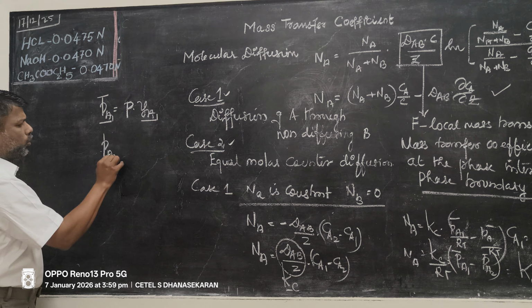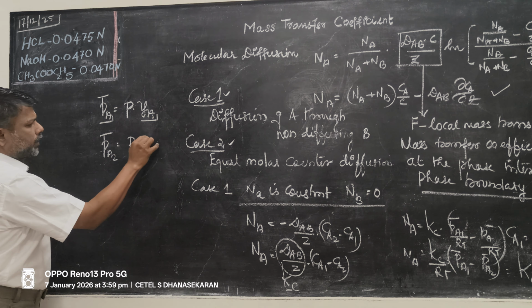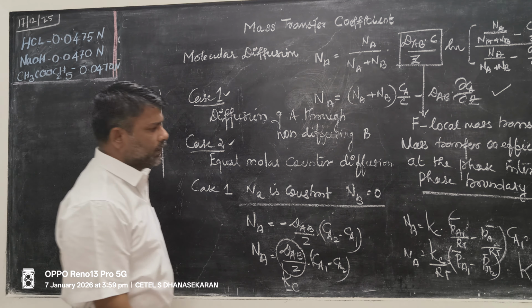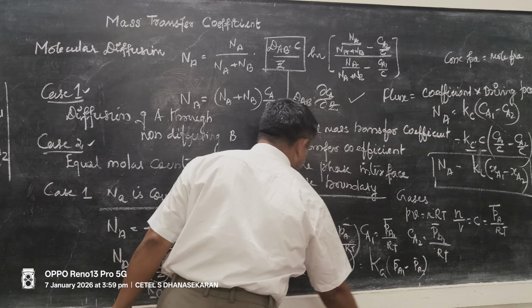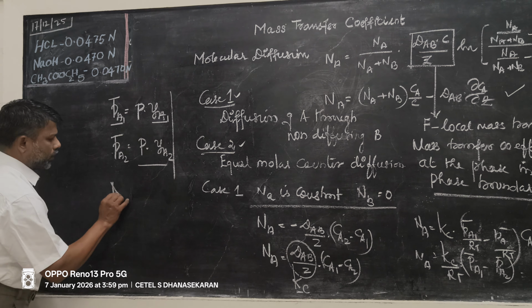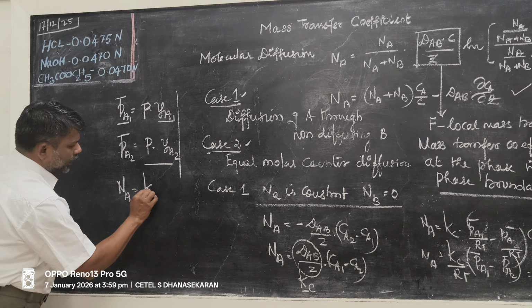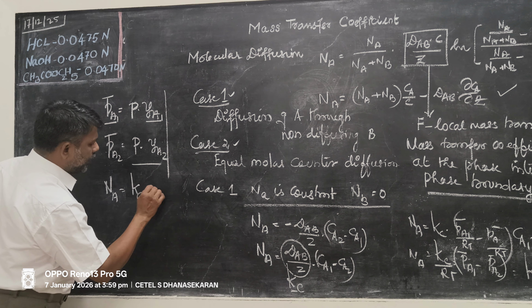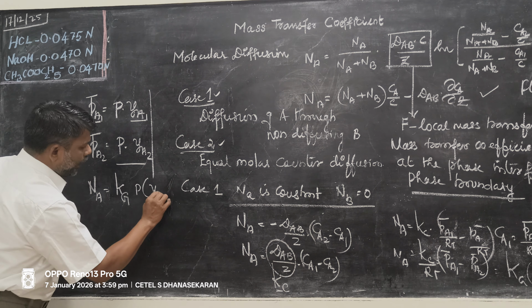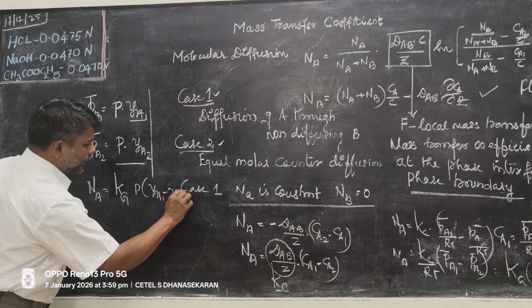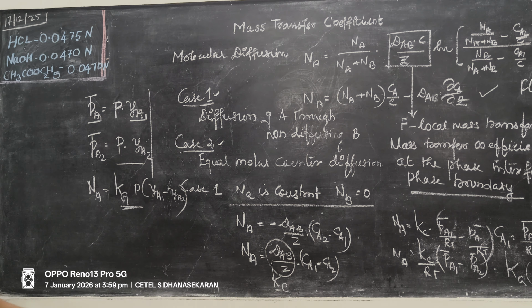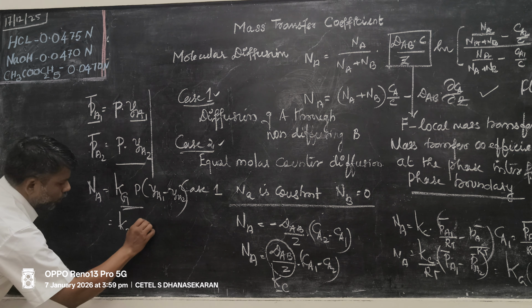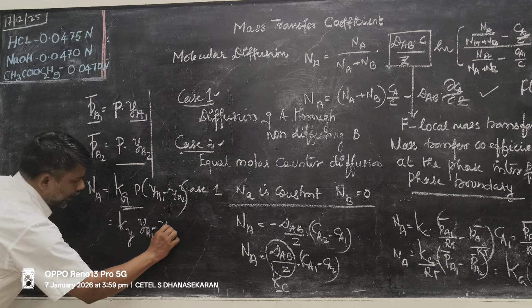Similarly, PA2 bar is equal to total pressure into YA2. Now I am going to substitute this in the equation instead of PA1 and PA2. So flux NA is equal to capital Kg, P into YA1 minus YA2. Kg into P is nothing but Ky into YA1 minus YA2.